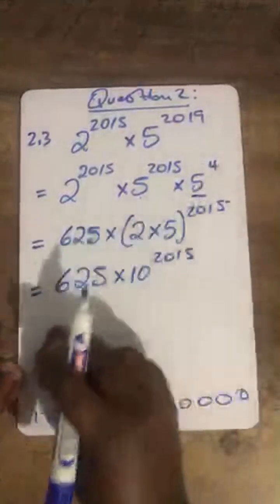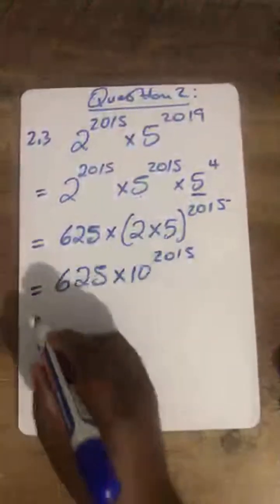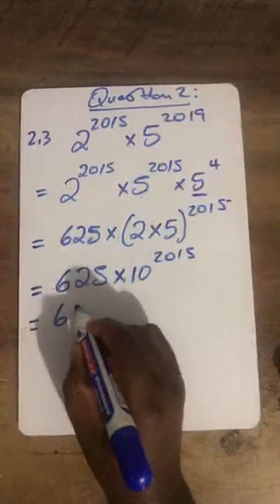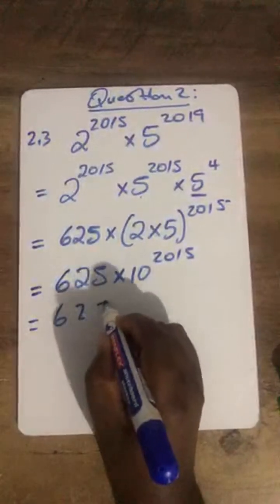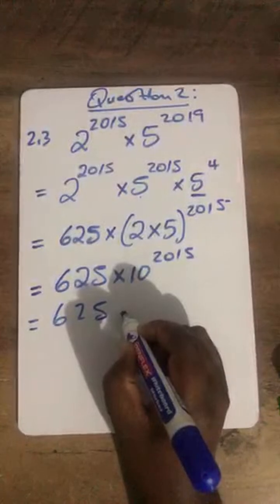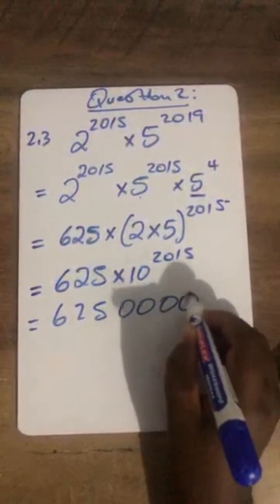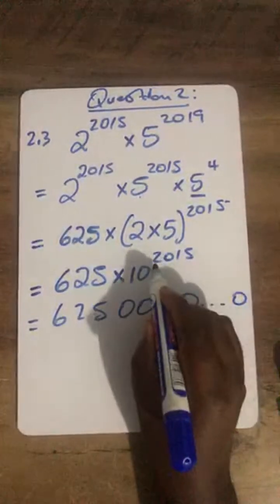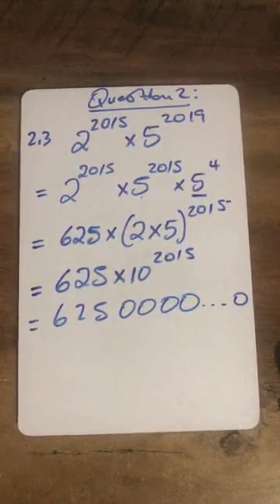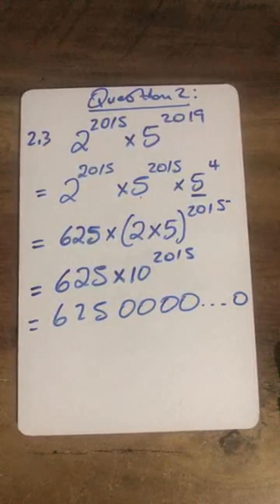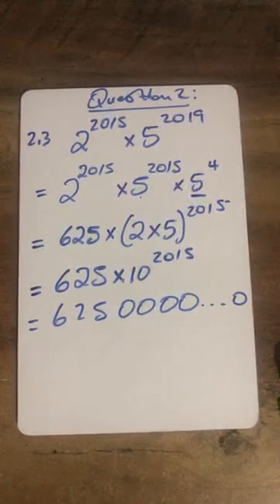What would it mean for this one? That means here you are having 6, 2, 5, and how many zeros? A lot of zeros, honorable members. 2015 zeros. You can imagine if you had to write all of those zeros, you wouldn't finish. And remember, the question said the sum of the digits. You need to calculate the sum of the digits.